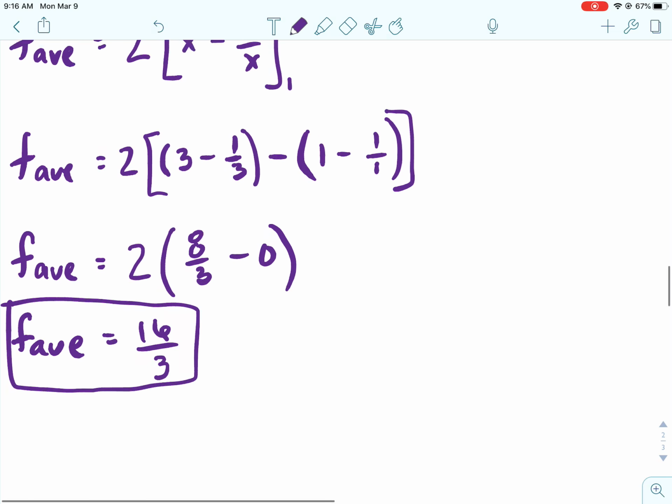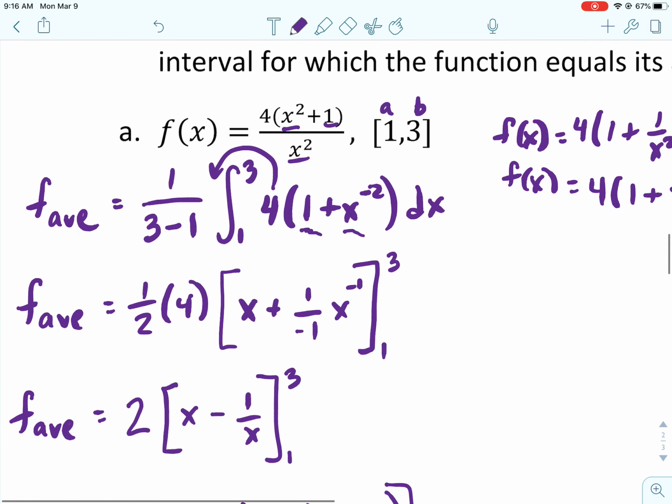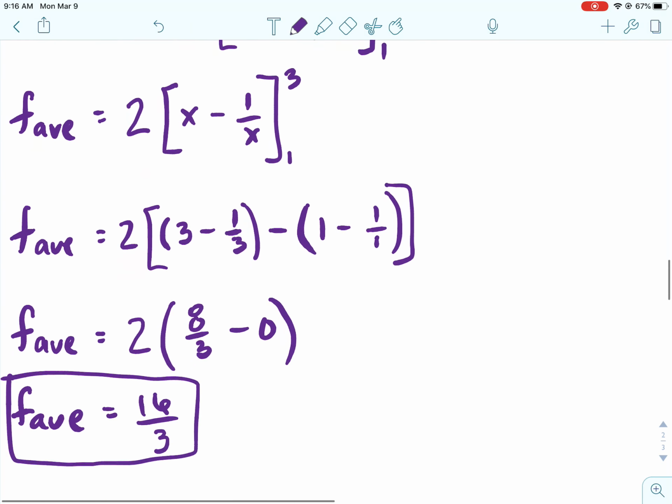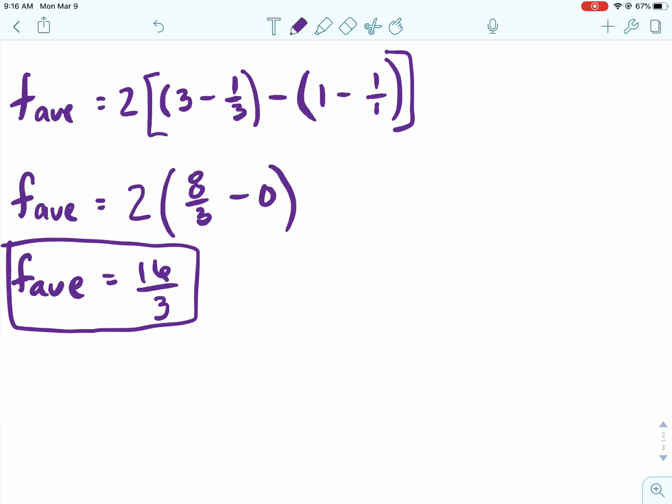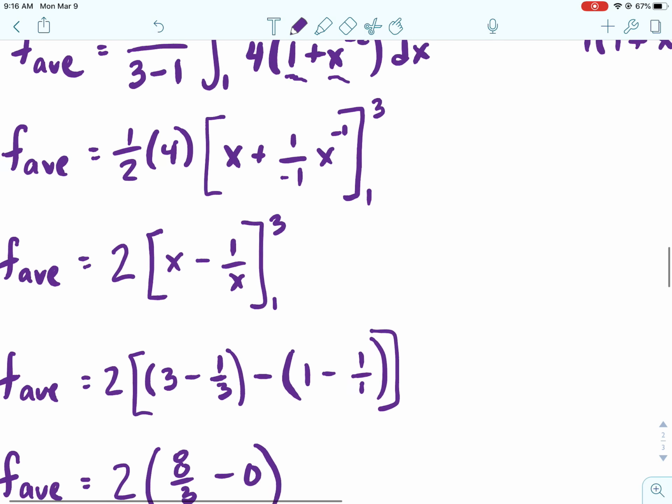So that's just saying that over that interval, there's an infinite number of values. If somehow we could take all of those and divide them by infinity, that's what we would get. That is the average value over that interval.